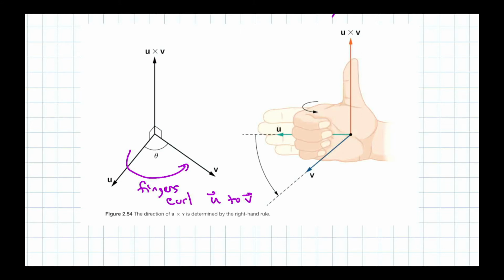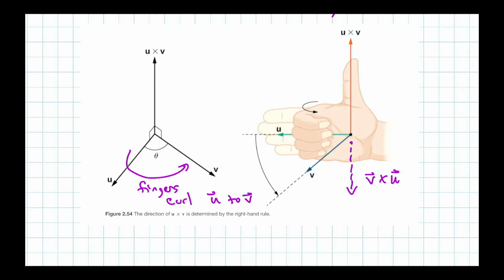Now that's important because that means that if you do V cross U, that would point down, right? V cross U is going to point that way because you'd have to turn your hand upside down if you wanted it to go from V to U. So that's just a fact about the way it works.